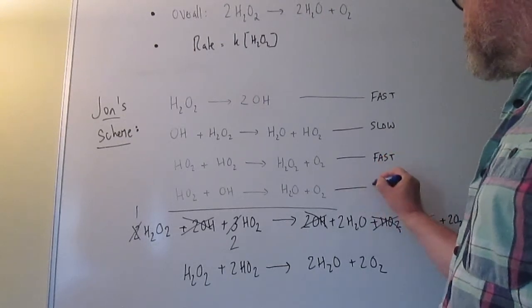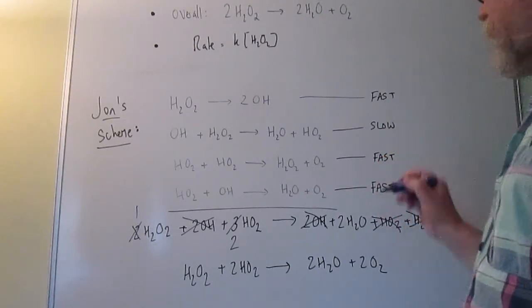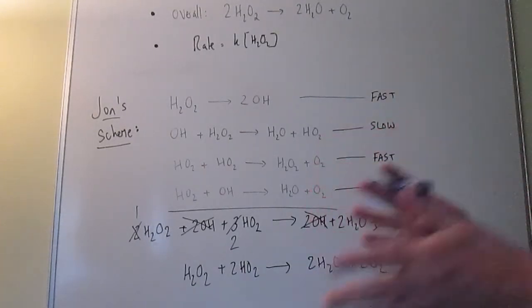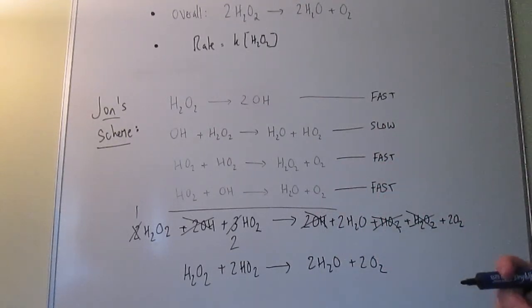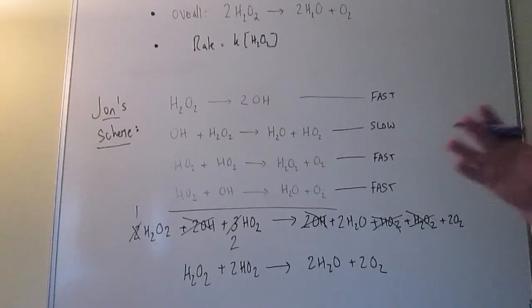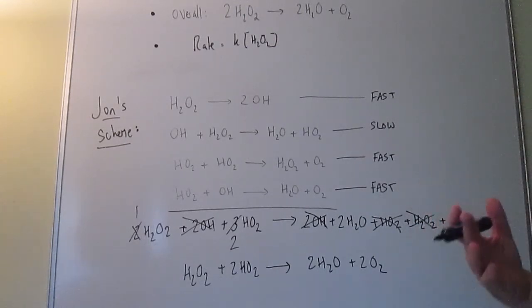So the principle we're working with, which is a really, really important one you've got to make sure you remember, is that the number of molecules of each substance involved in the rate determining step is equal to the order of reaction for that substance. And when the slow step comes first, that's easy because the slow step then is the rate determining step.